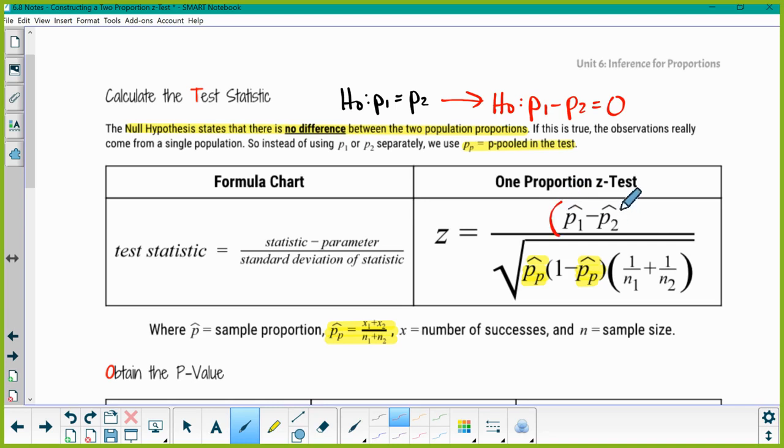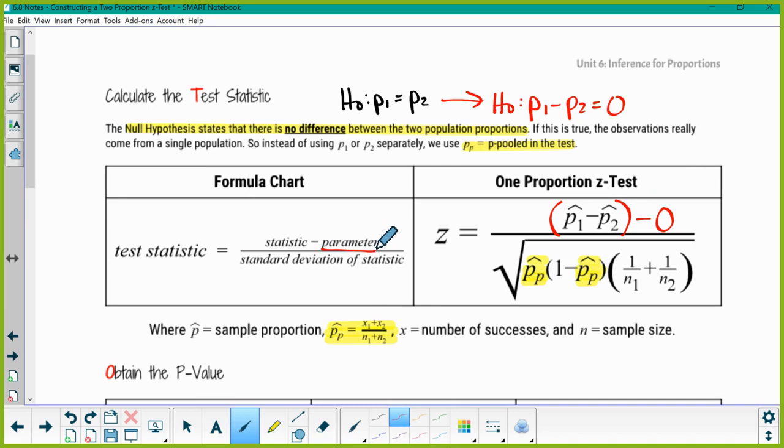So what I have is my statistic, my difference in the two populations, minus my null proportion, which is 0. That's my parameter. The reason we don't write it is because it's just like subtracting 0, and you really don't need to have it there because it's not going to do anything to your problem. But there is kind of an imaginary minus 0 to satisfy the fact that we are subtracting the parameter in our typical normal z formula.